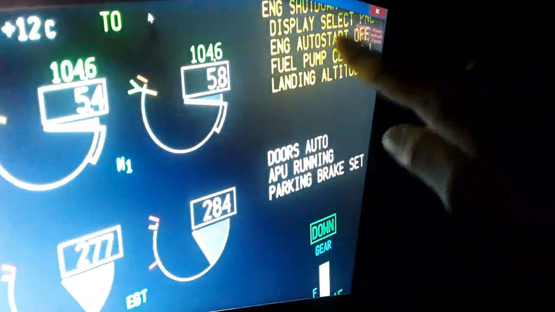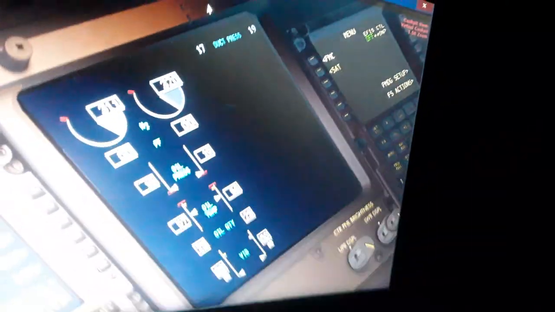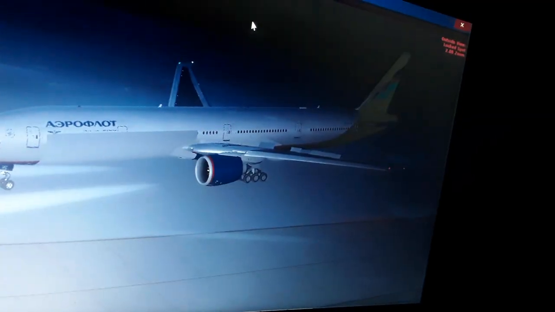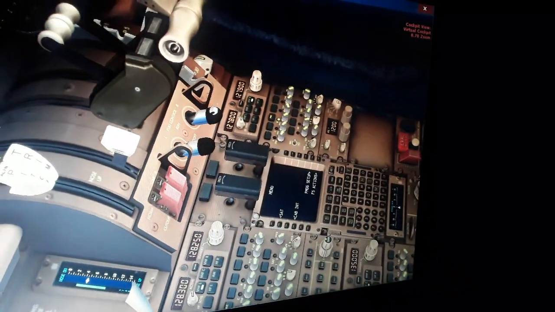So we can see the shutdown message here, engine shutdown, display ready, there is no fuel flow. So you can see the engines are slowing down now, but the engine auto start system is taking over, so we can let the fuel flow on.